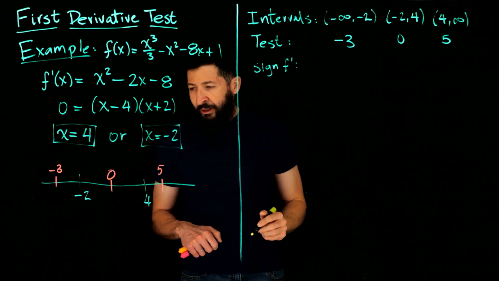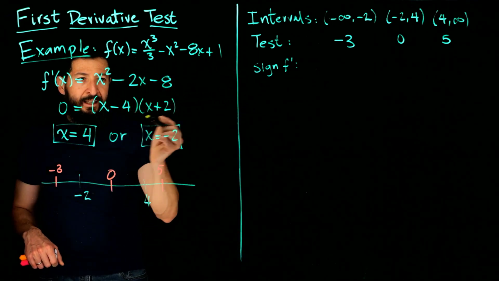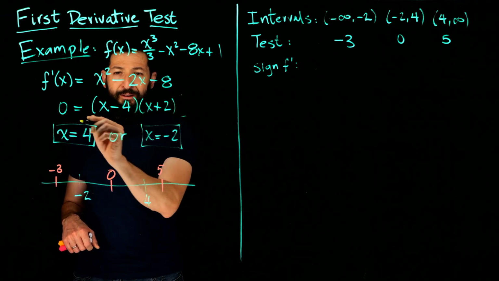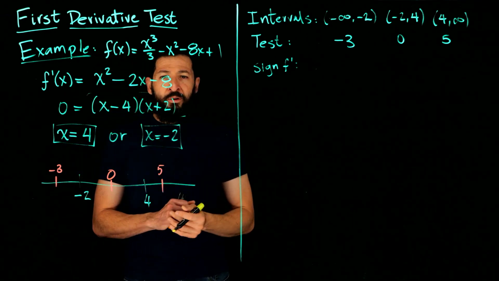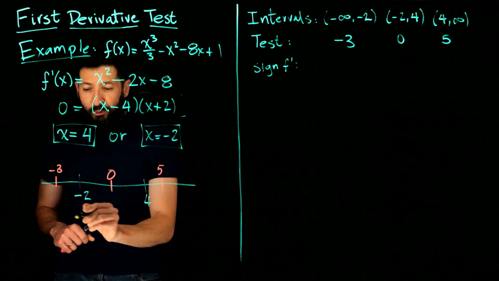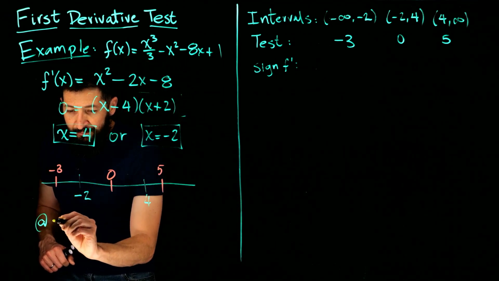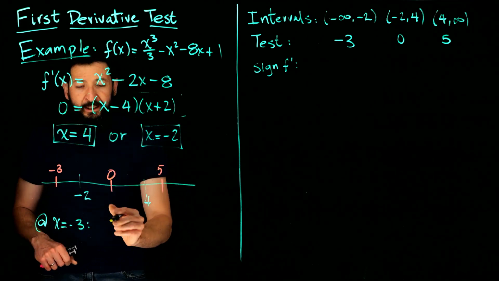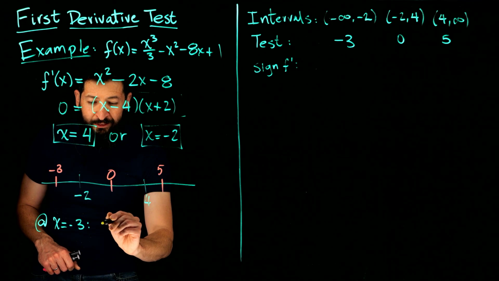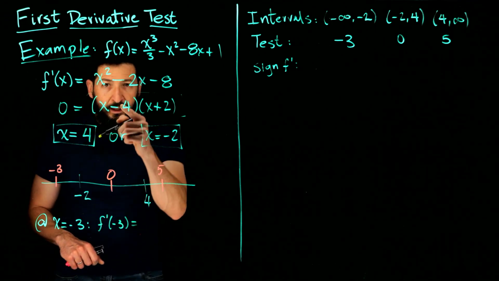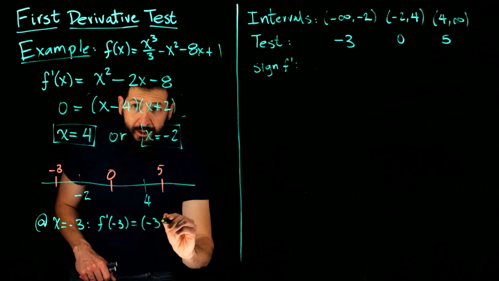And so how do you do that? Well, we evaluate. And as last time, remember, this form of the derivative is better, because that one will give me the signs right away. So for example, at x equal to -3, you plug it in here, and so your derivative is going to be -3 minus 4.